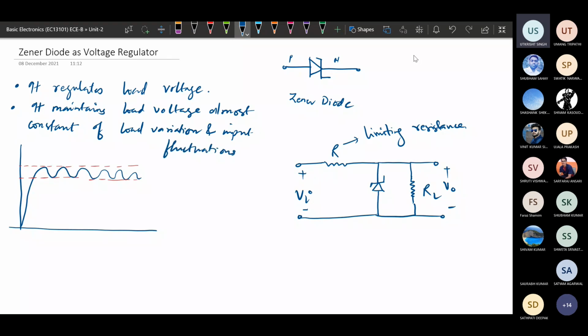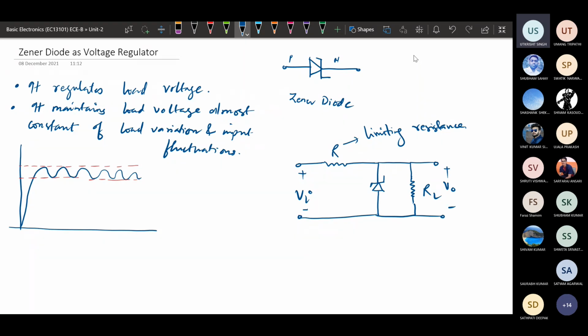That means if we vary the output resistance, there will normally be some variation in the output, but this voltage regulator is going to maintain a constant output voltage even if we are reducing or increasing the load resistance. Also, if the input voltage is varying between minimum and maximum, the output voltage would still be constant. So this is the role of a voltage regulator basically.